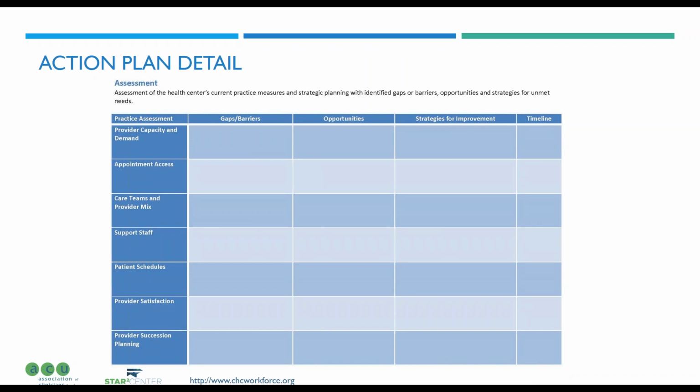But potentially you found a barrier for appointment access. You don't have enough hours to meet the demand. So then you take a look at what opportunities you might have, what strategies you might have for improvement, and then a timeline that you'd like to complete that by. It would also, again, be a good idea in your strategies to make sure you have a person responsible.